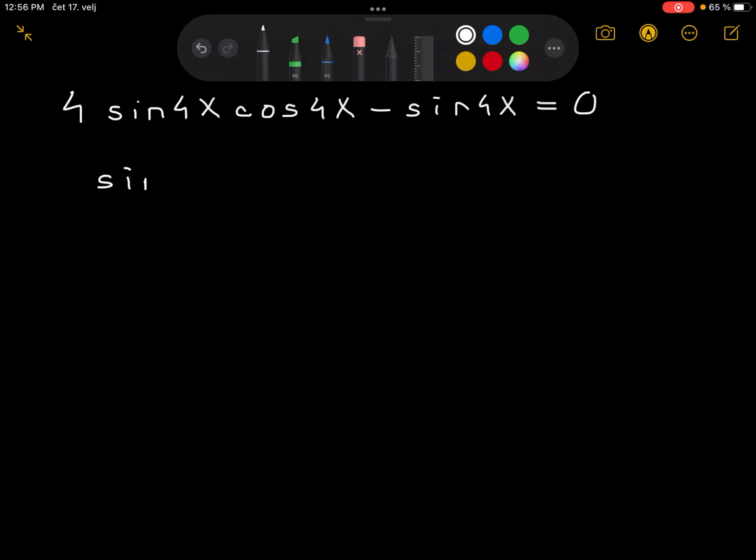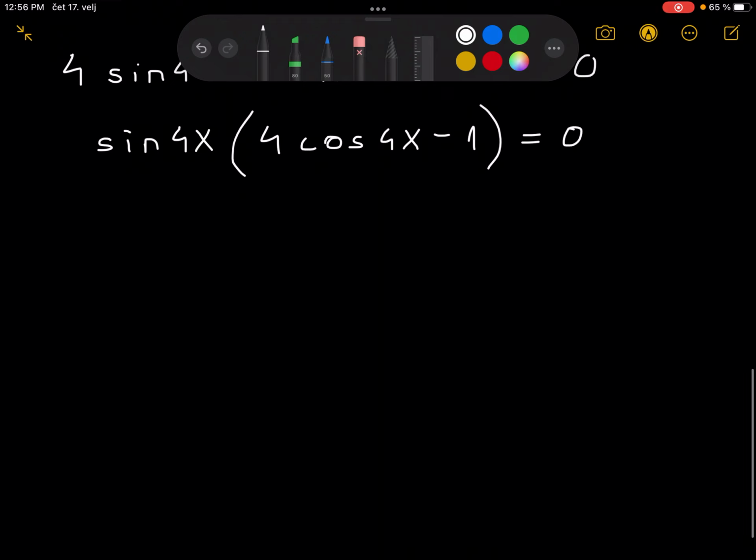So I'm going to factor out the sine of 4x and put it in front. Sine of 4x times 4 times the cosine of 4x minus 1 is equal to 0.